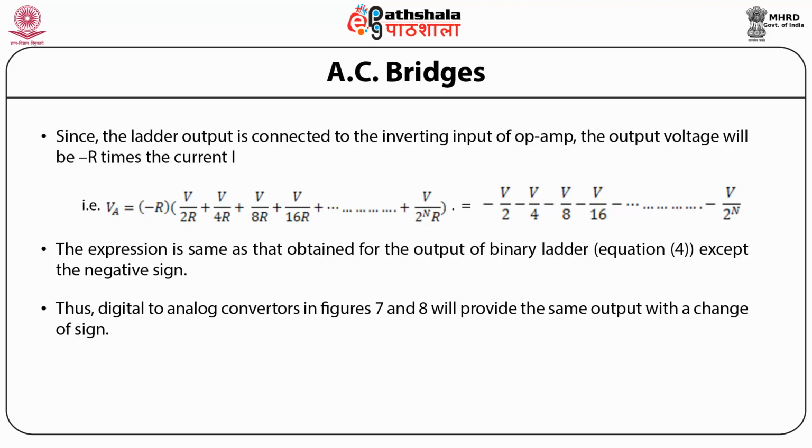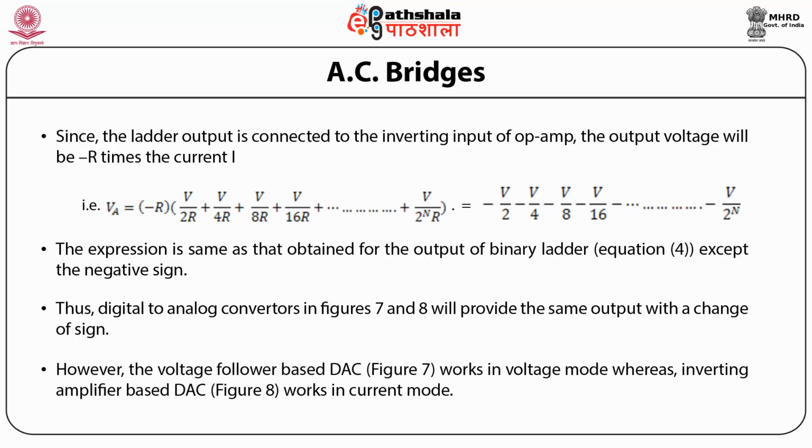Thus, digital to analog converters in the form of voltage follower and inverting amplifier will provide the same output with a change of sign. However, the voltage follower based DAC works in voltage mode, whereas the inverting amplifier based DAC works in current mode.